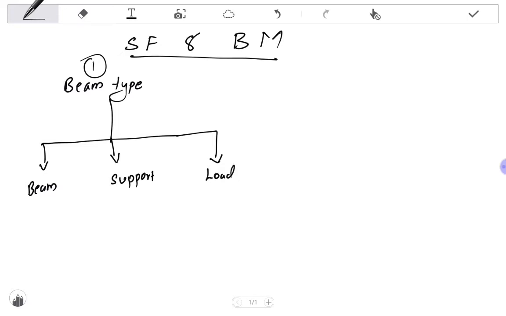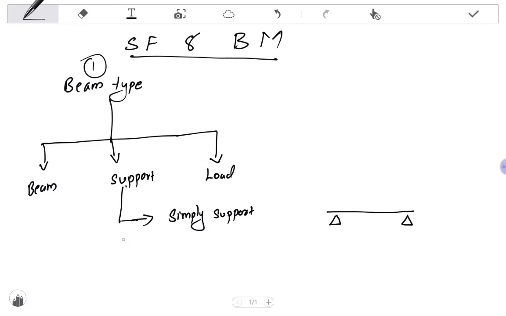The beam with support is also of different types, like simply supported. In a simply supported beam, there are just two supports under the beam. This is a simply supported beam.